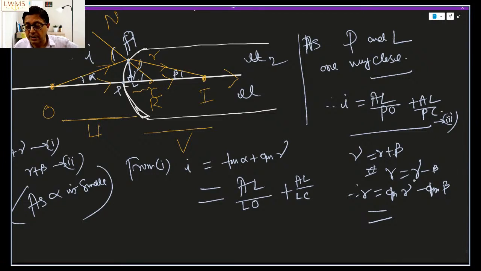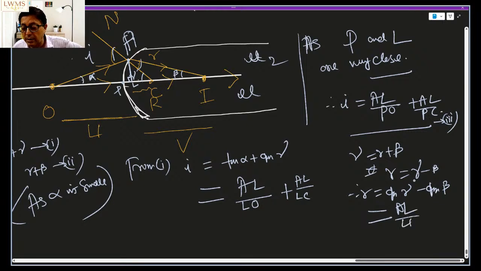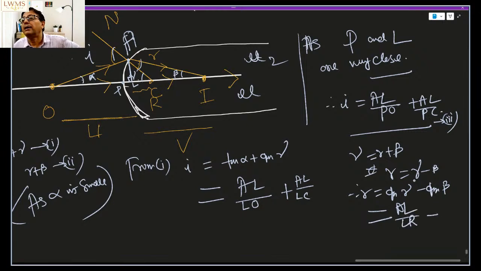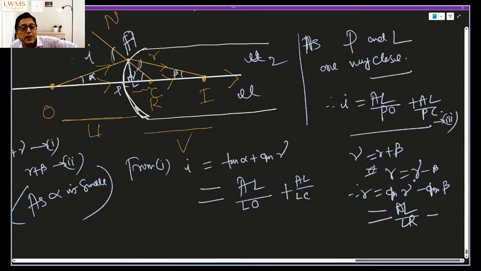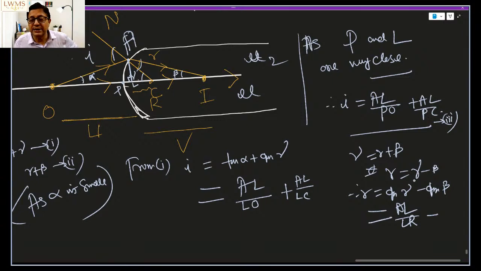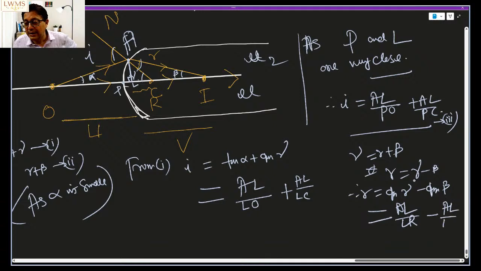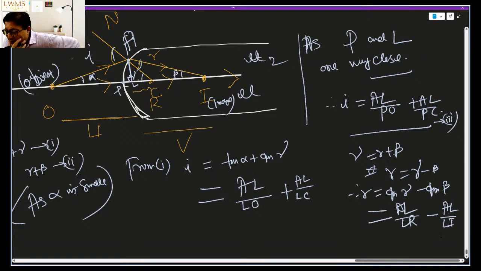Tan gamma is AL by LR, and tan beta is AL by LI, where I is the image and O is the object. This is all right. So we got I, and we got R.